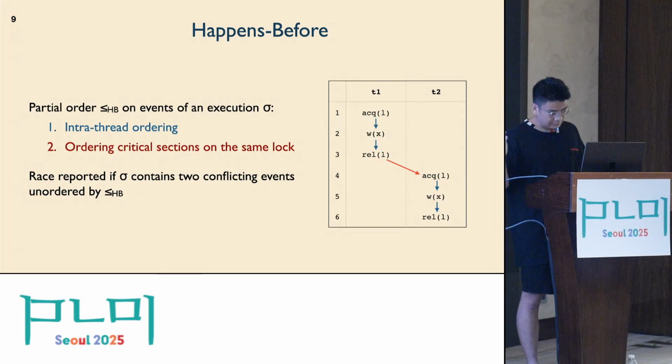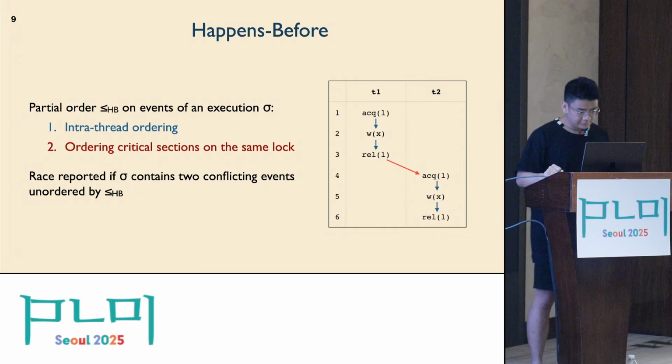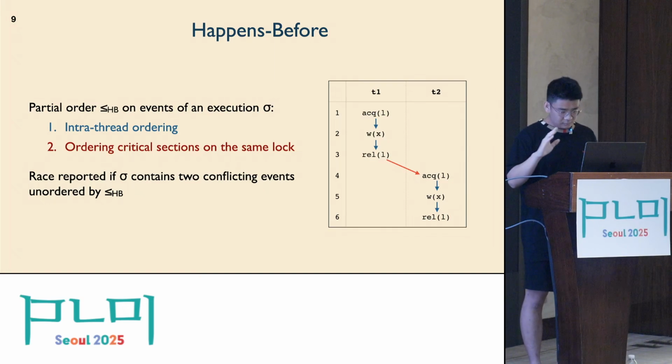And the second order is a total order on the accesses on the same lock, which means we assume sequentially consistent behavior on lock accesses. The happens-before relation is the smallest transitive closure of these two partial orders. And we say that two accesses form a race if they are not ordered by happens-before, they access the same memory location, and at least one of them is a write.